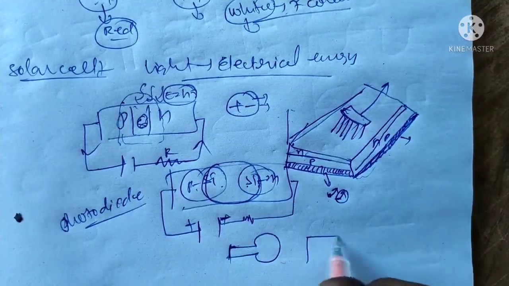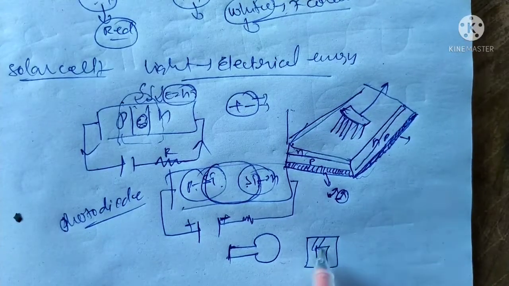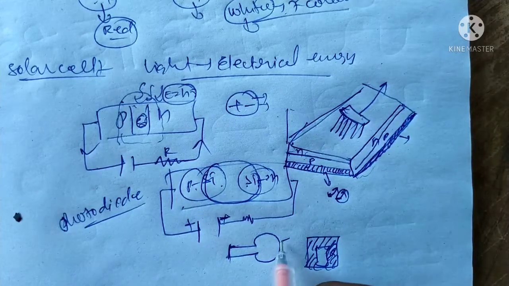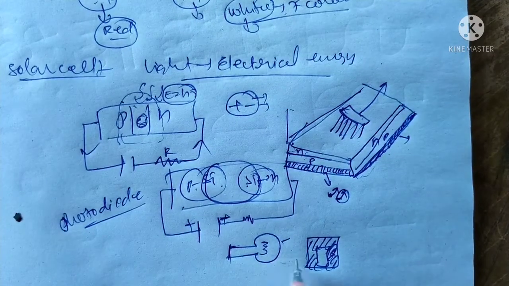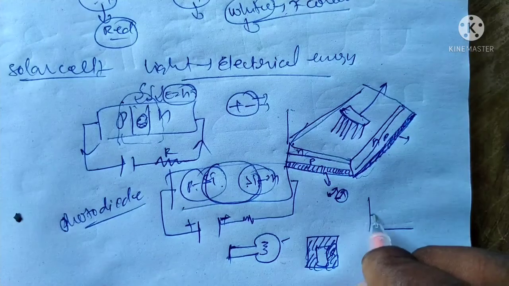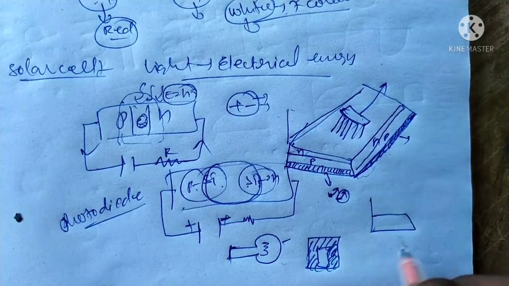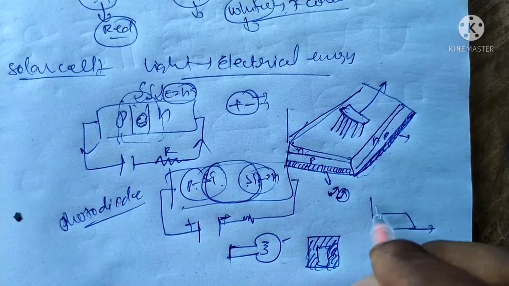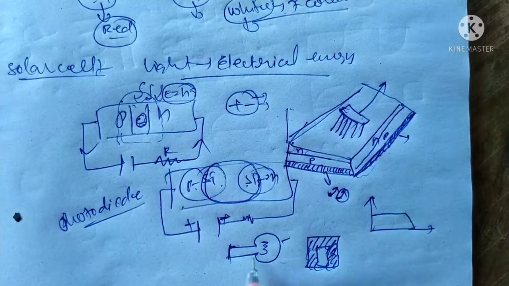Light is there, and the solar cell is there. Light falls on the solar cell, and it absorbs the light energy up to a certain extent.